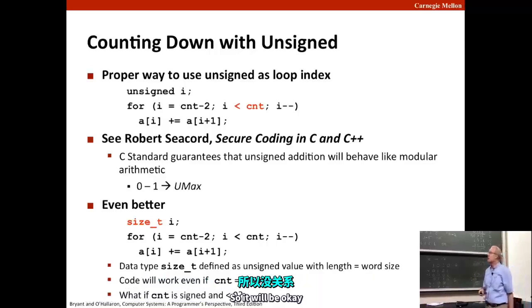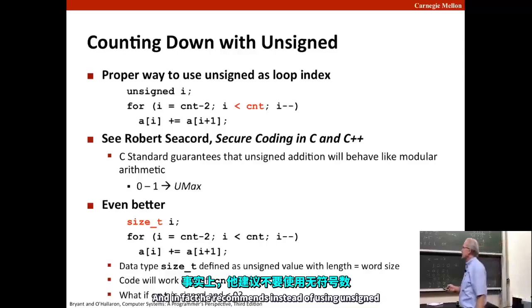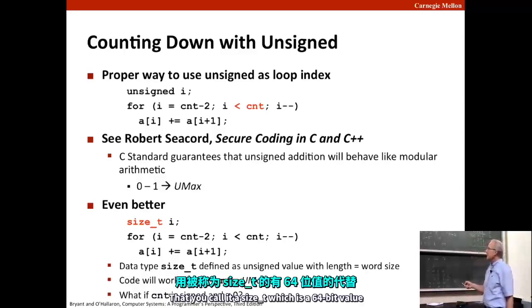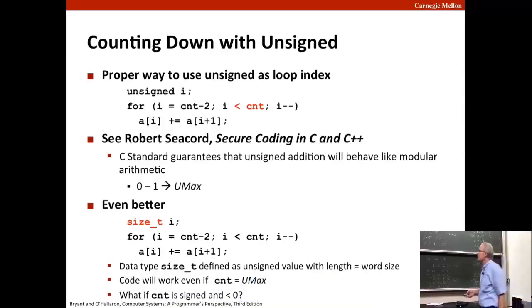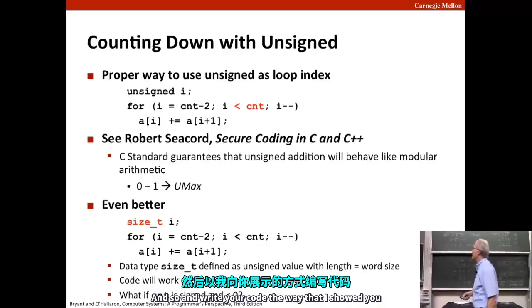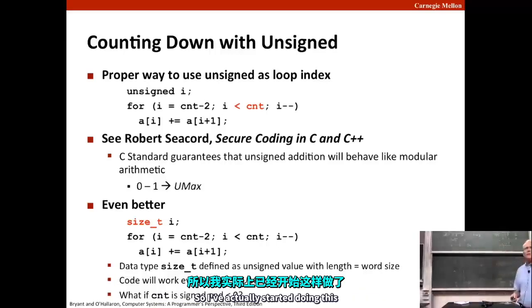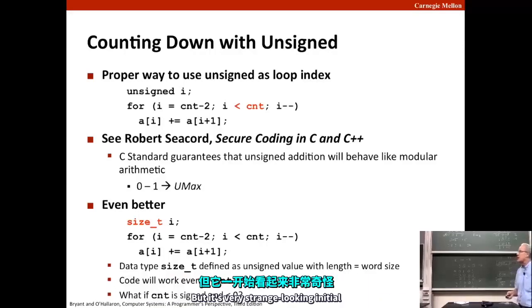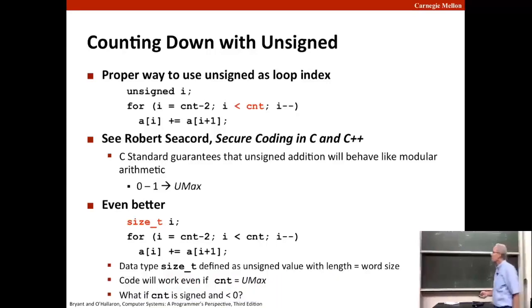So it will be OK. In fact, he recommends that instead of using unsigned, which is on our machines just a 32-bit value, you use size_t, which is a 64-bit value, and write your code the way that I showed you. I've actually started doing this, and once you get used to it, it's an OK way to write code, but it's very strange looking initially.